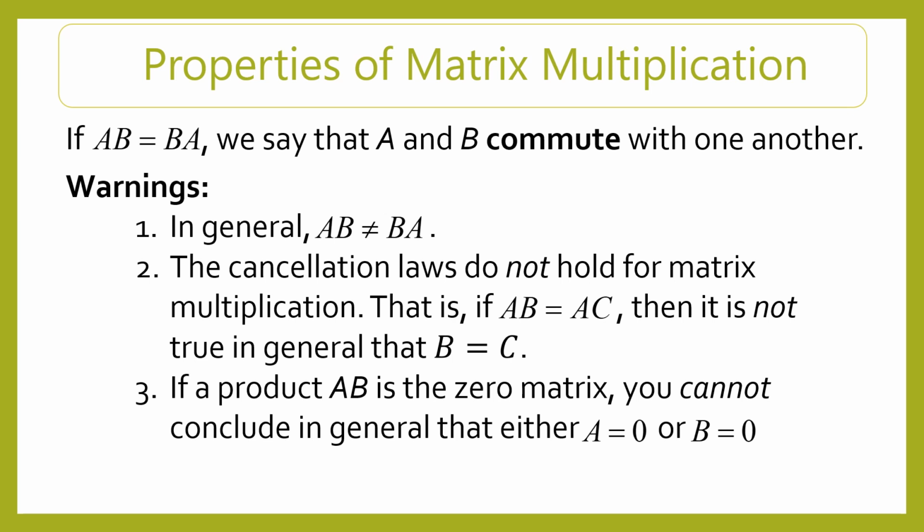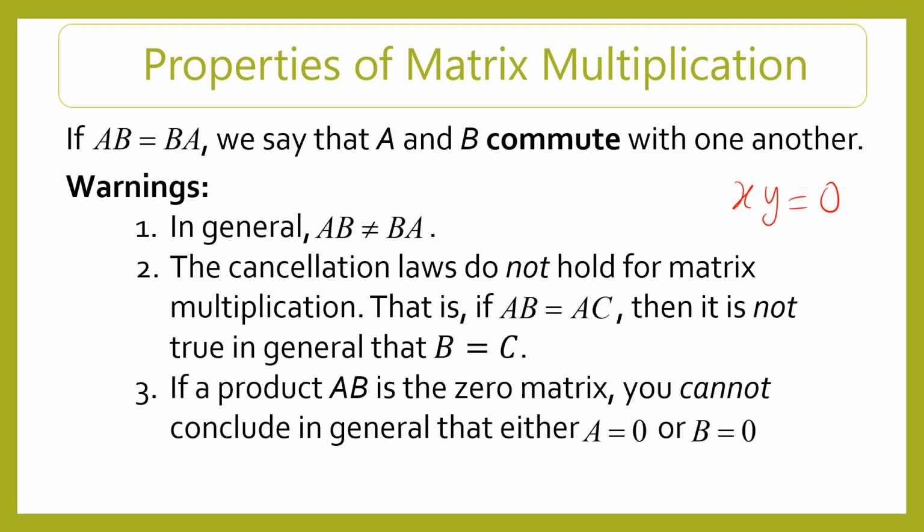And finally, if a product AB is the zero matrix, you cannot conclude in general that either A is 0 or B is 0. Remember that in college algebra, X times Y is 0. If X and Y are real numbers, X times Y is 0 implies that at least X or Y is 0.